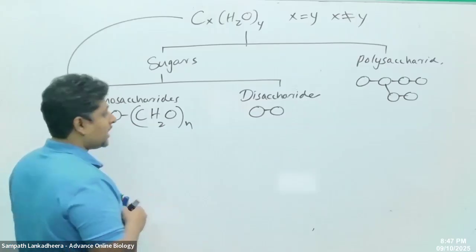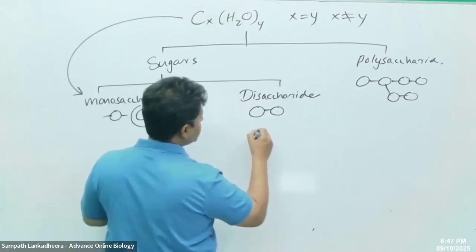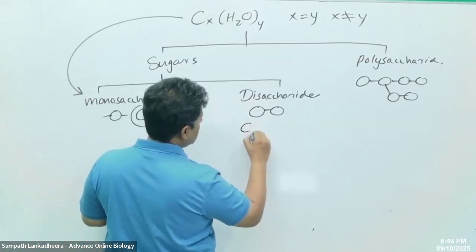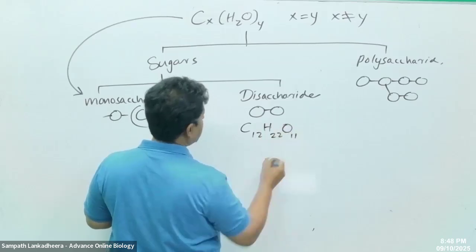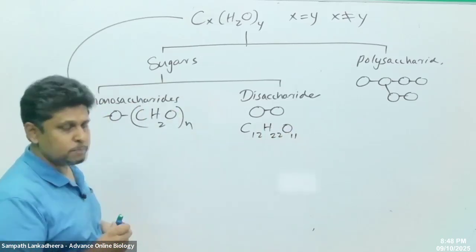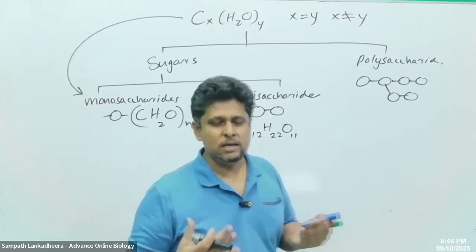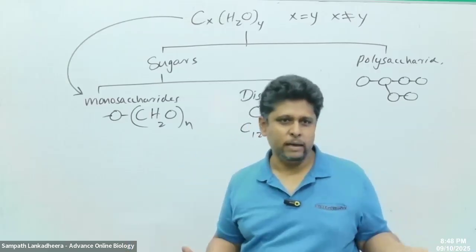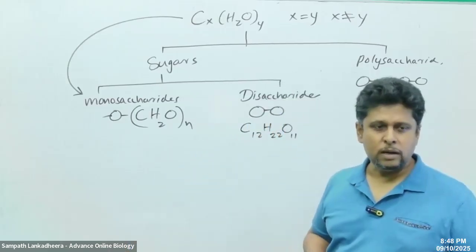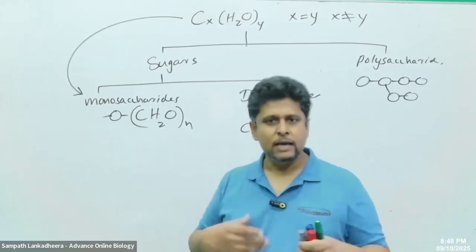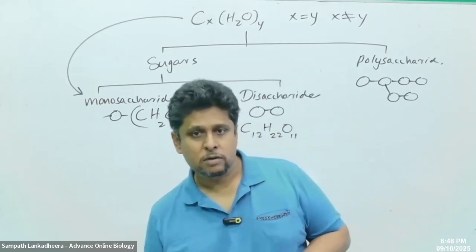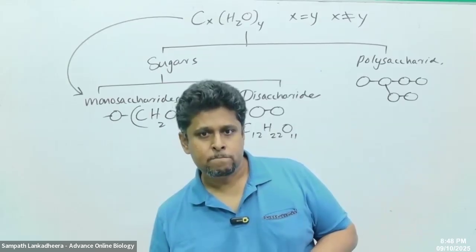And then disaccharide, what did we say? C12H22O11. So this is disaccharide. Polysaccharide, the same, CxH2yOy. Now you learn a list of monosaccharides. What is the list of monosaccharides?